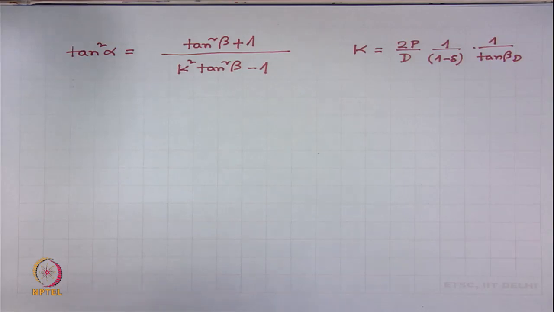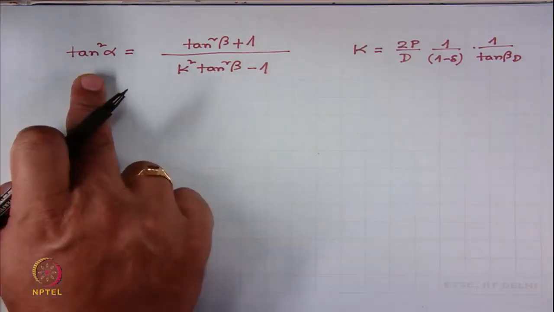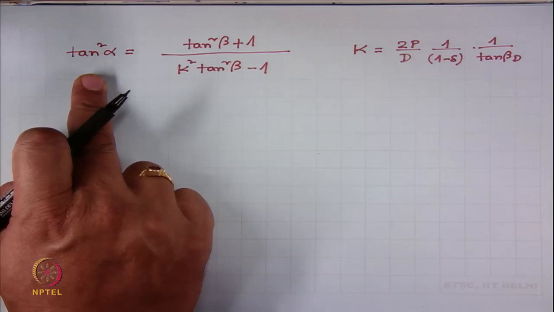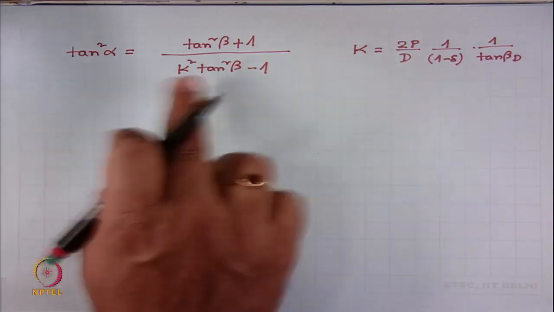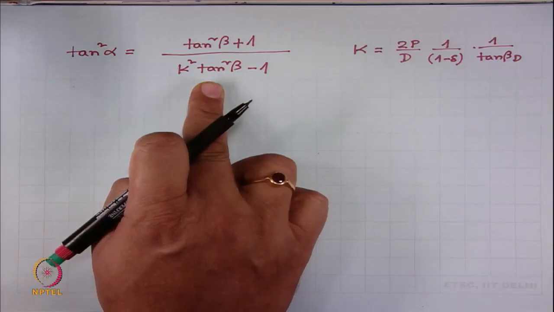The left hand side is a square quantity. That means this denominator must be greater than 0.